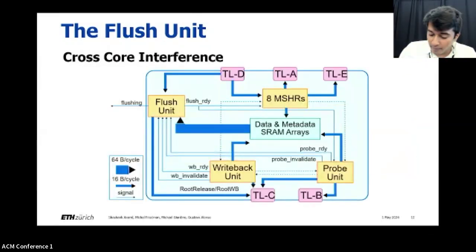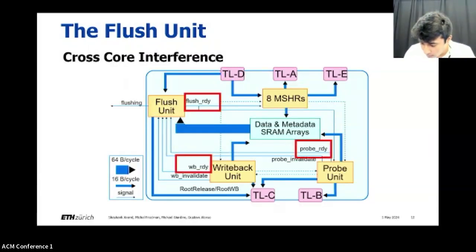And the final part of the design, cross-core interference. Because the flush queue buffers these flush and clean instructions, any amount of time may pass before these instructions are dequeued from the flush queue and end up being processed by the flush MSHRs. The metadata in the flush queue must be accordingly updated with the response to cache coherency events.